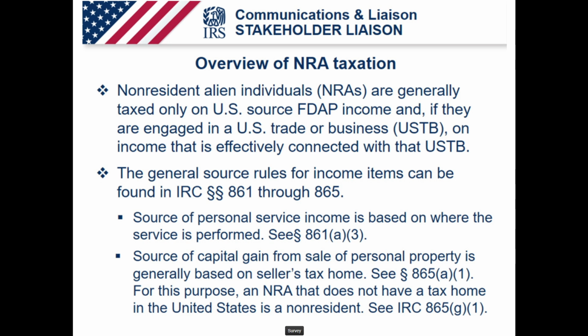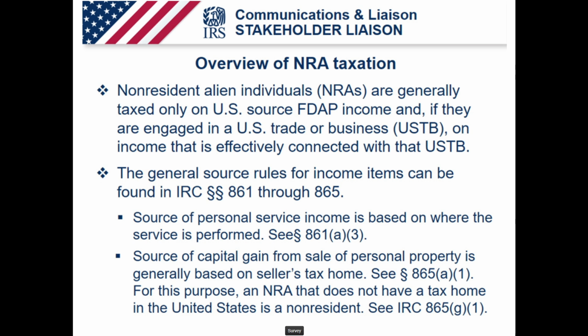It's important to know the sourcing rules, which can be found in IRC Section 861 through 865 and the related regulations, to assist you in determining if income is sourced within or outside the U.S. and in determining if the income is taxable in the U.S.